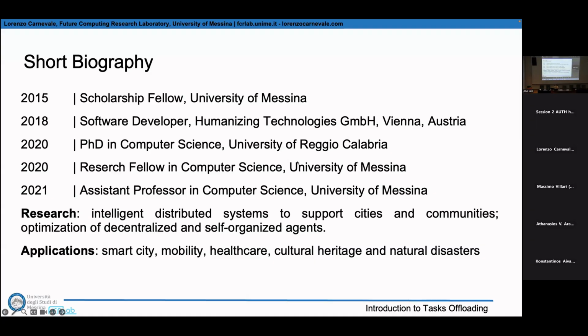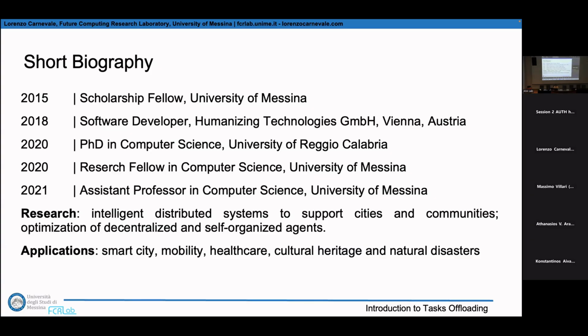Okay, so just a short introduction about myself. I'm Lorenzo Carnevale, an assistant professor at the University of Messina. I collaborate with Professor Villari, so I work on distributed systems, but specifically at the cross between distributed systems and artificial intelligence. I try to create solutions for supporting cities and communities, and mostly for optimizing decentralized self-organized agents.